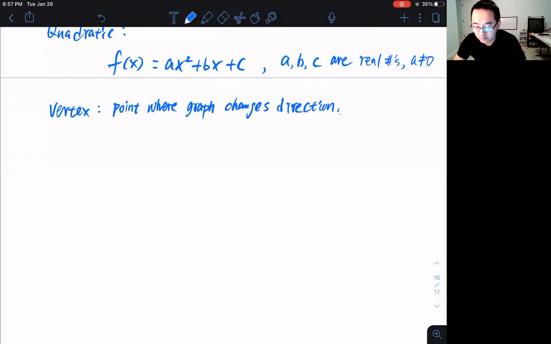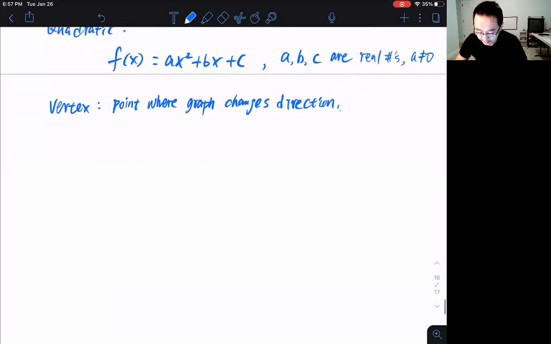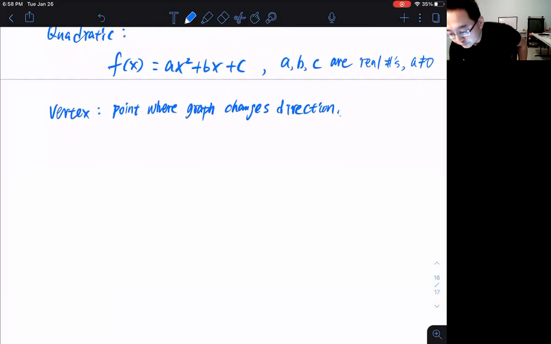And it can give you either a maximum or a minimum for that function. So that's one way to find the maximum or minimum without learning calculus just yet. And of course, a parabola is also a symmetric image.